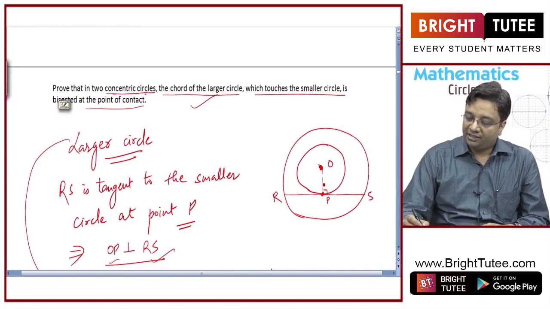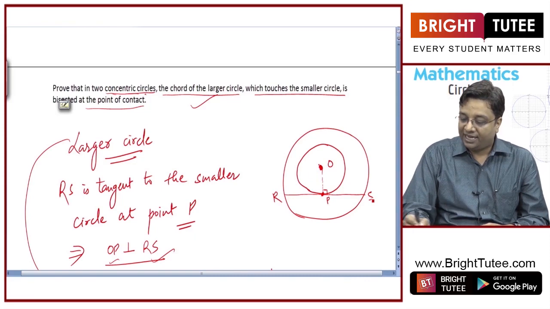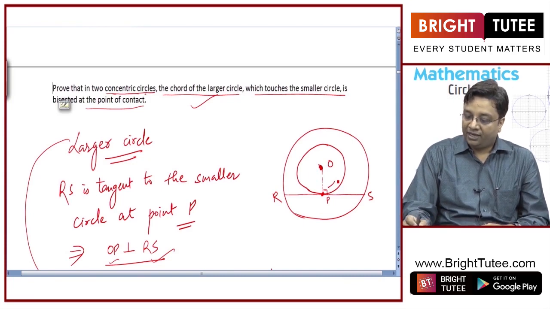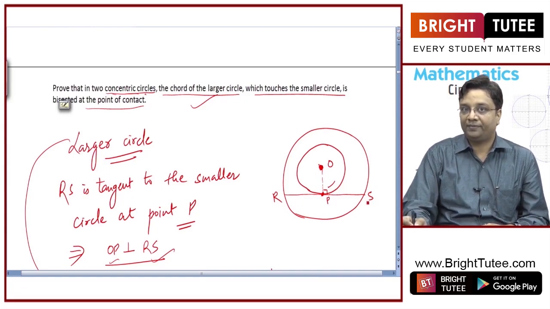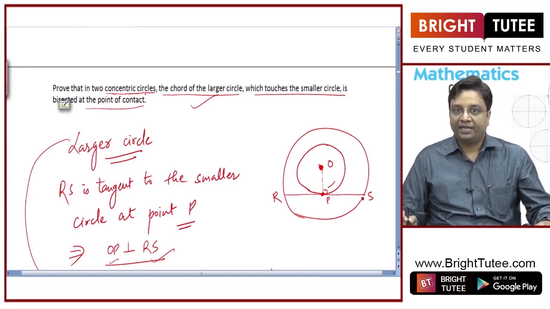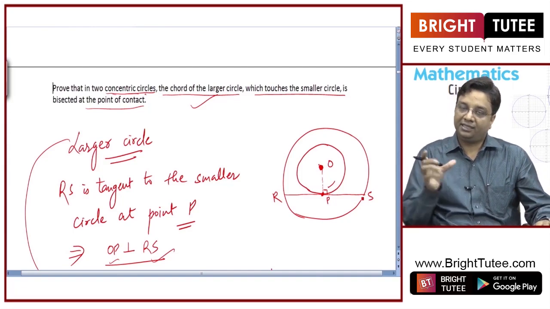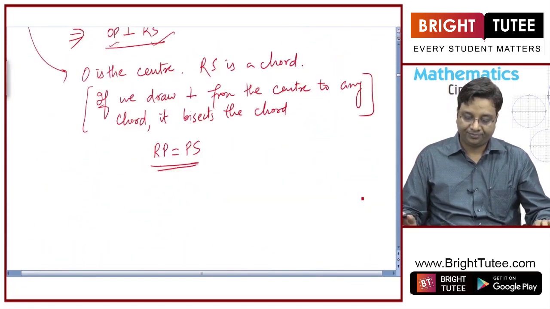So what is the concept that we used here? One, that RS acts as tangent to this smaller circle, which gave us the result that this angle is 90 degrees. And then in the larger circle, we used the concept that there is a perpendicular from the center to this chord RS, and the angle between the radius and the tangent is 90 degrees.